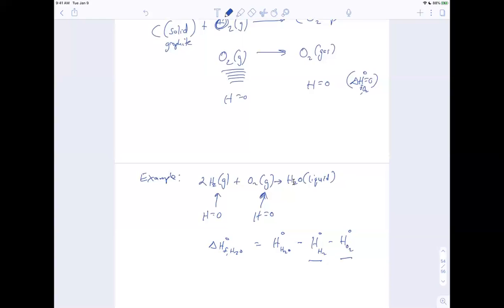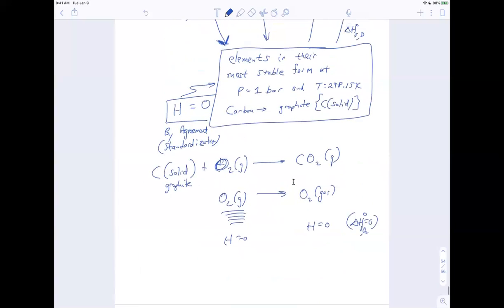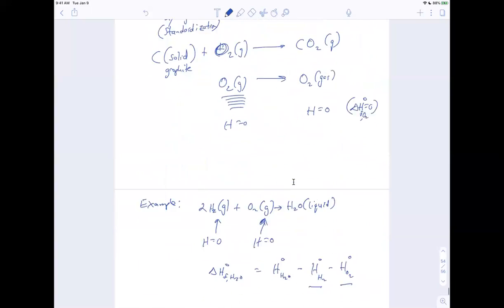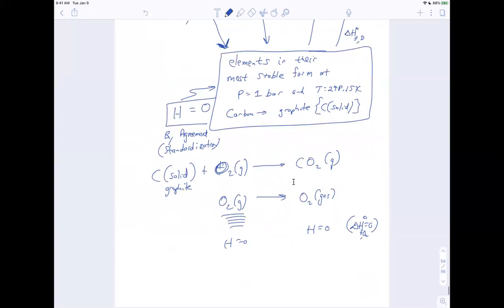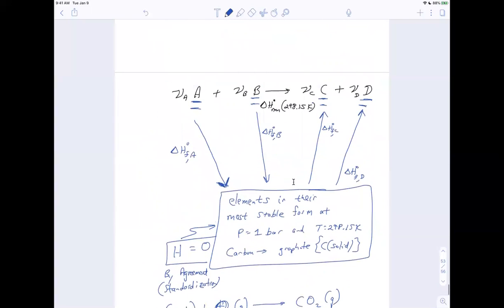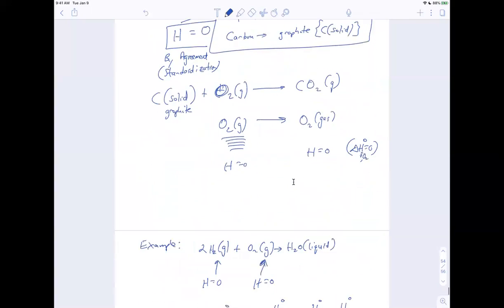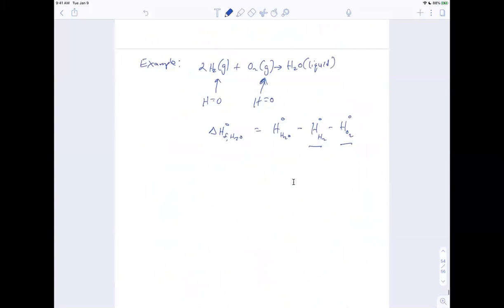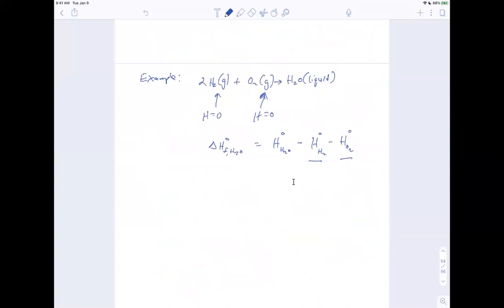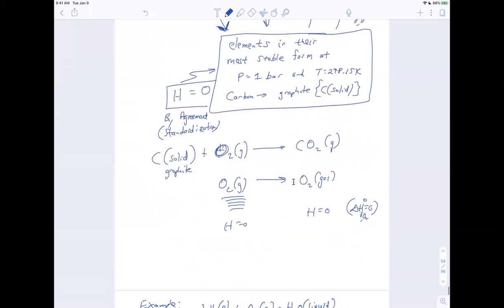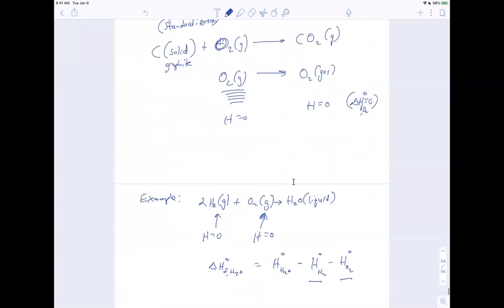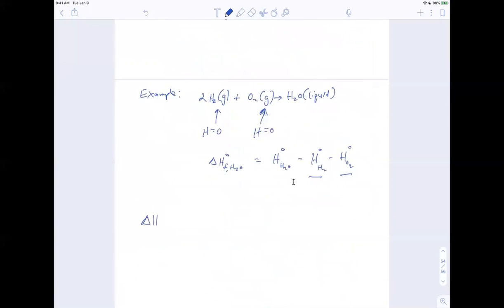Okay, so let's see how this works. Back to our chemical reaction. Let's see, where did it go? Right here with A, B, C, and D. Okay. So our delta H then for reaction, okay, is going to be, so this is delta H at 298.